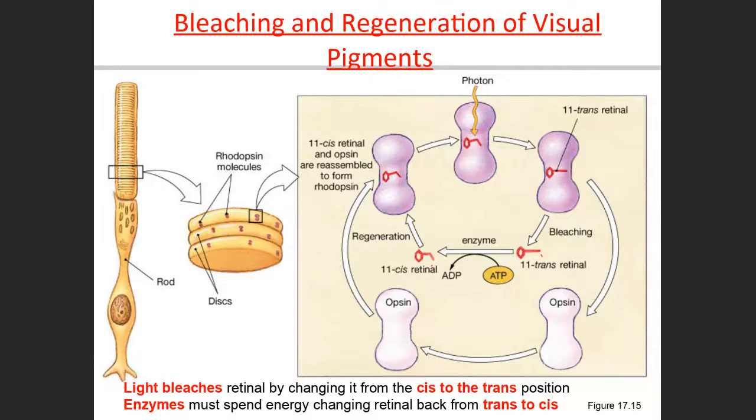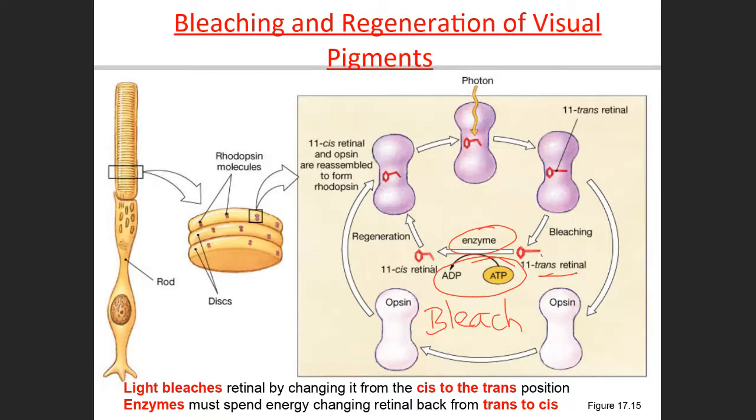That requires enzymes, that requires energy, that requires time. This event in which the retinol all of a sudden is in the trans position and cannot be activated again until it's remade is called bleaching. So light is going to bleach retinol, meaning now it cannot work.